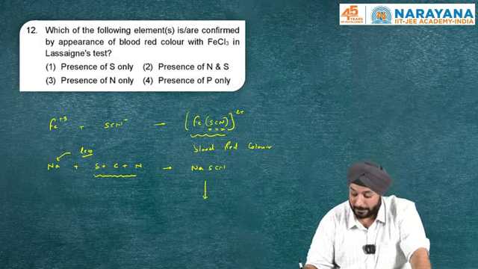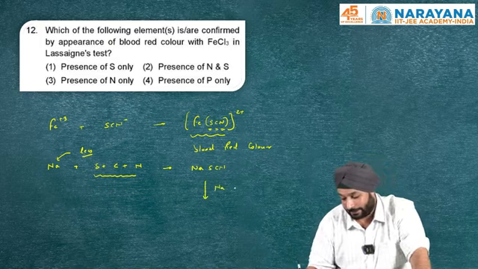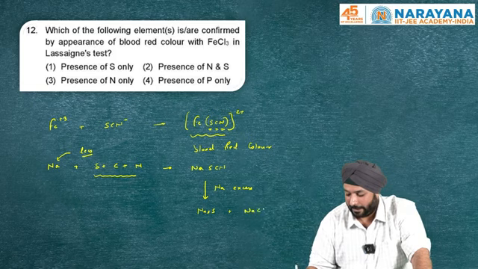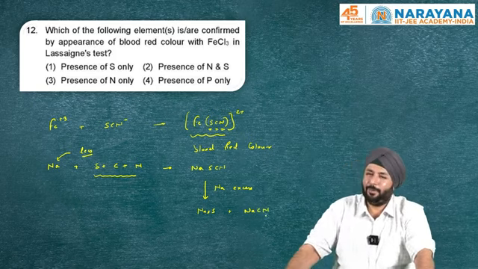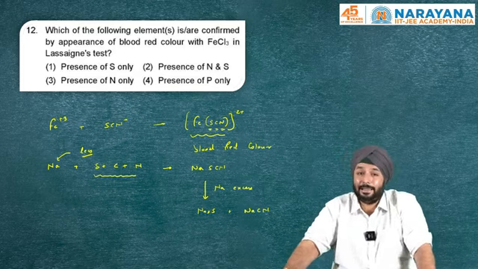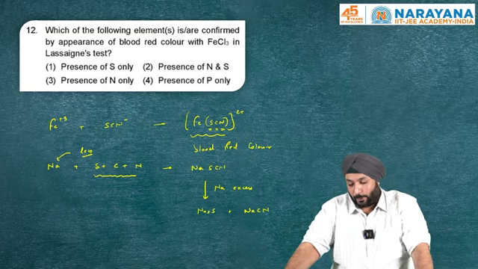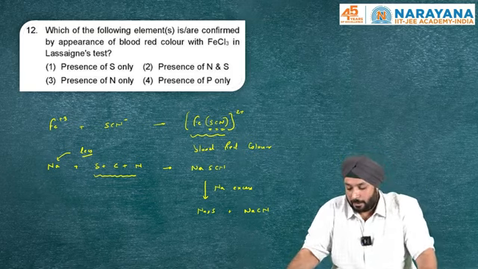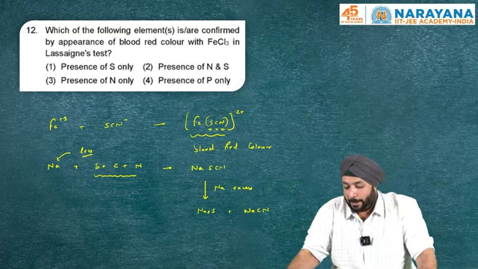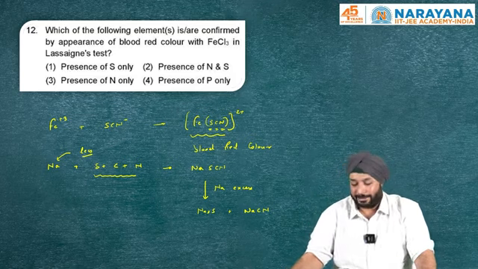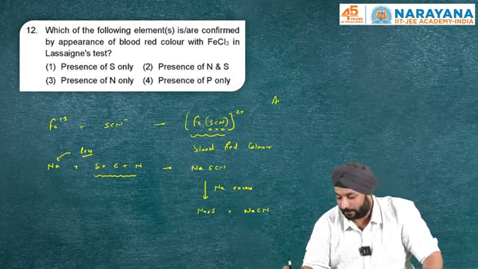And if you use sodium in excess, it results in the formation of Na2S and NaCN. Nitrogen will always be associated with carbon, and the anion formed by that will be cyanide, SCN minus. So by this logic, every one of us knows that the organic compound should contain nitrogen as well as sulfur. The answer is 2.